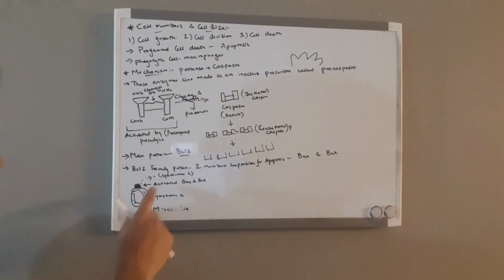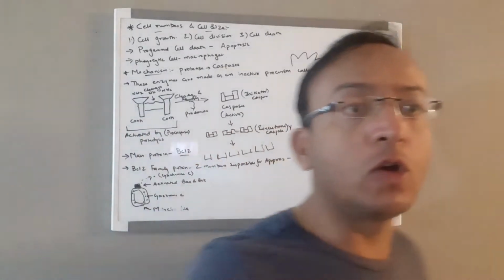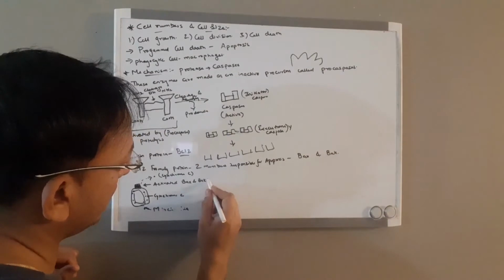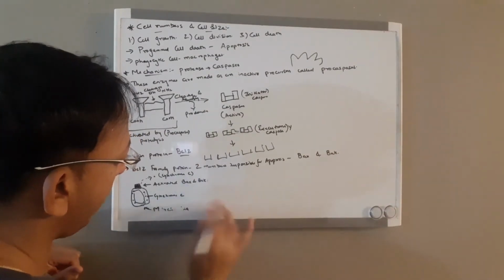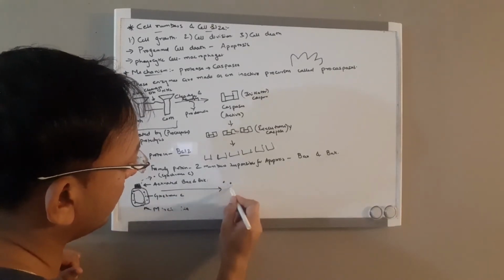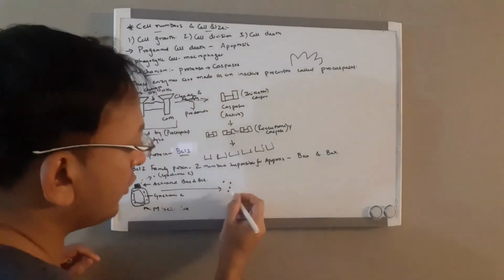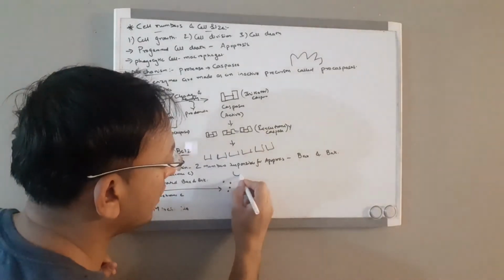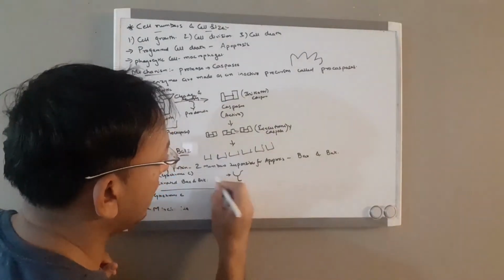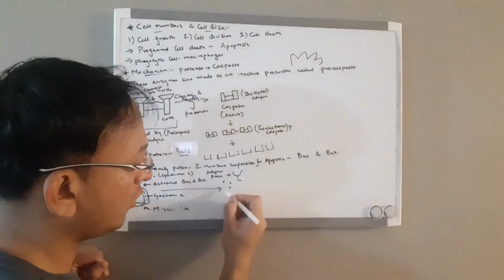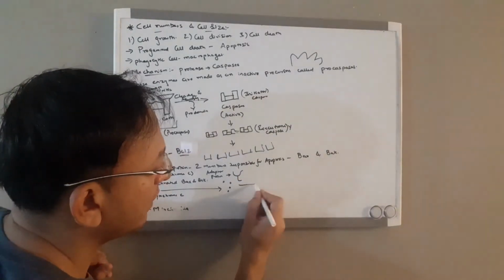And this cytochrome C then binds to an adapter protein. For example, here is our cytochrome, and here is our adapter protein. I will name it here, adapter protein.